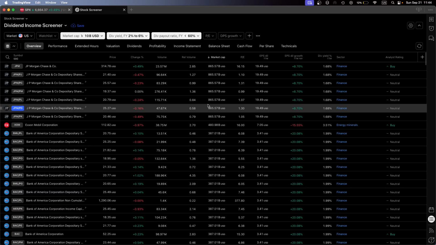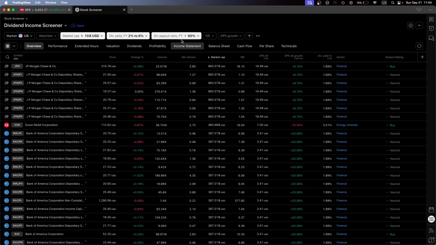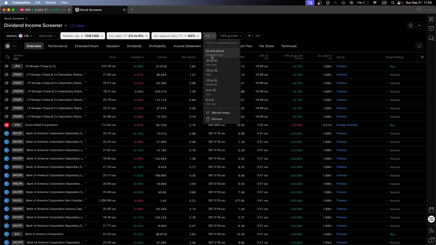Because it shows what percentage of the company's profits are paid out as dividends. So a ratio below 60% means that the company has a very large safety cushion. It still retains a lot of cash to reinvest in the business and can also maintain the dividend even if the profit has dipped. Okay, so this one we keep below 60%.